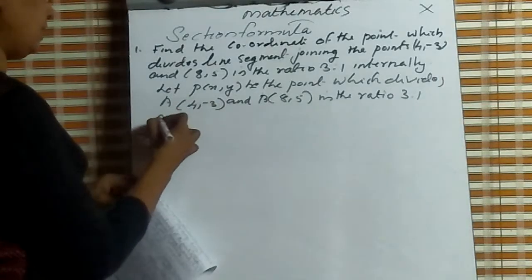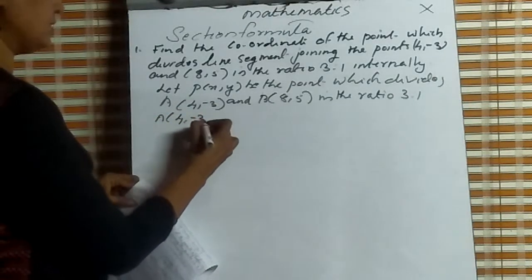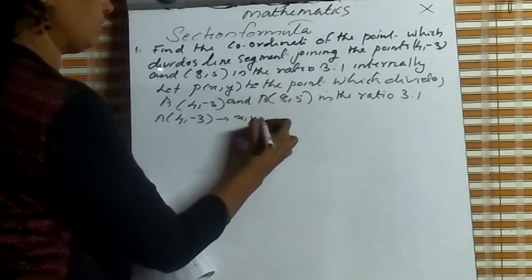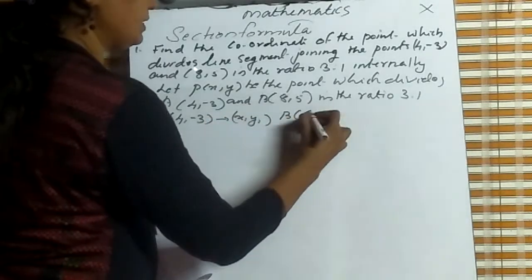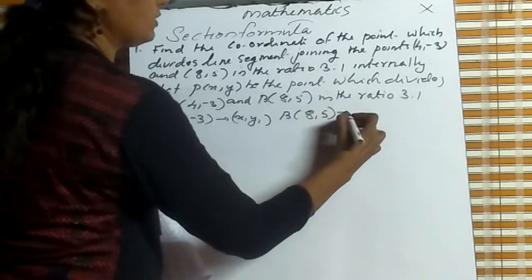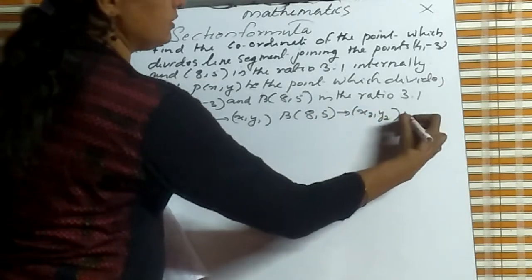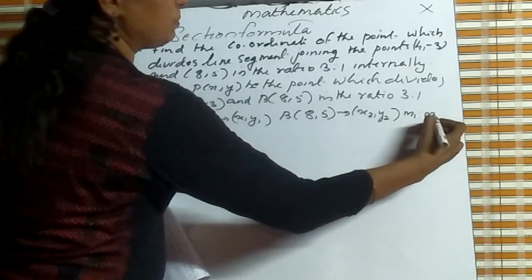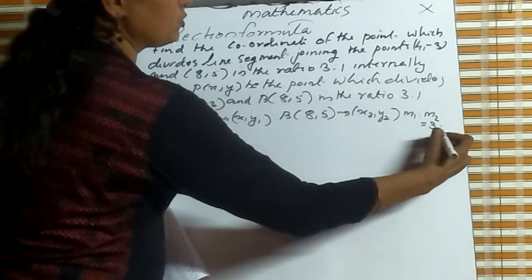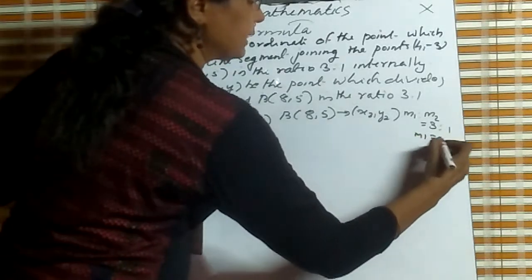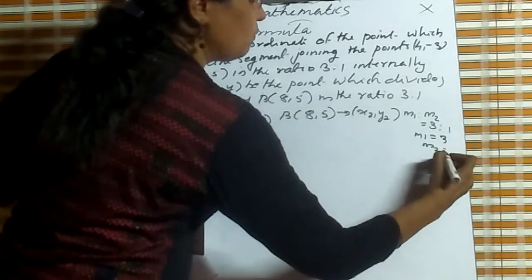Here A (4, minus 3) is (x1, y1) and B (8, 5) is (x2, y2), and 3 is to 1 is m1 is to m2, so m1 is 3 and m2 is 1.